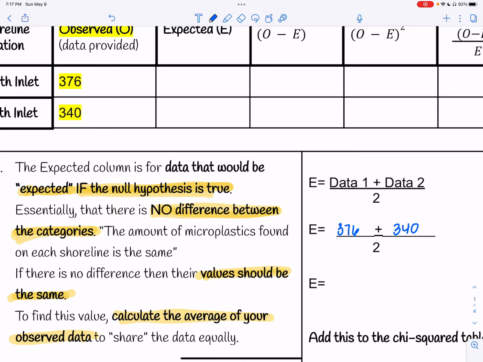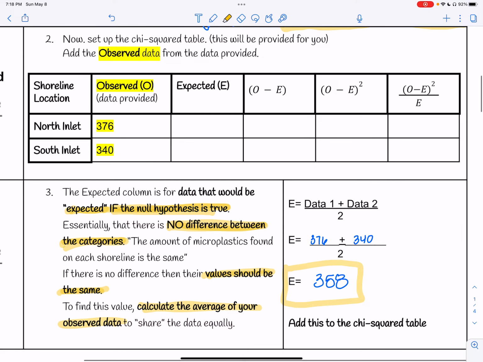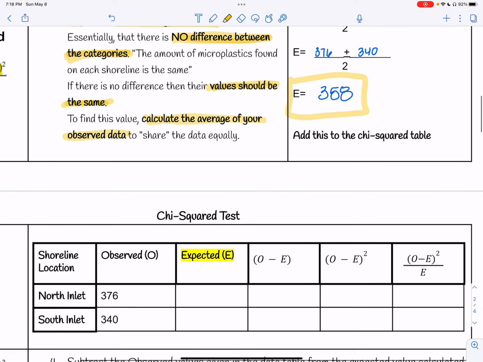All right, so if you add those up and then divide by 2, you'll find that the expected value, their average, is going to be 358. And that's what E is going to equal. Okay, add this to your chi-squared table.